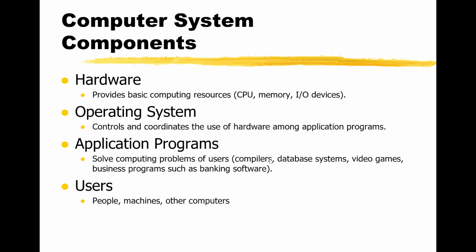But most times, they cannot directly talk to the hardware using its low-level language. So the operating system has to be the intermediary that links the application programs to the hardware. Users are also part of the computer system because people use the application programs to do some work. Sometimes machines are operated using computer systems, and sometimes other computers also.